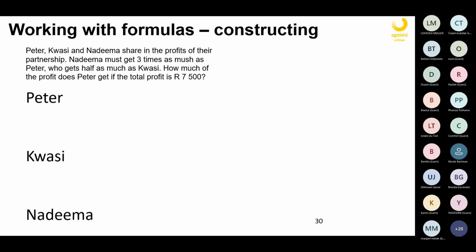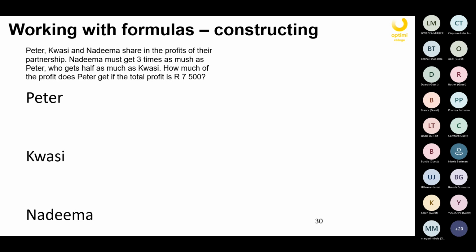But Peter gets half of what Kwasi gets. So who gets 1 part? Kwasi. Peter gets half of Kwasi and Nadima gets 3 times Peter, but Kwasi gets a specific amount.